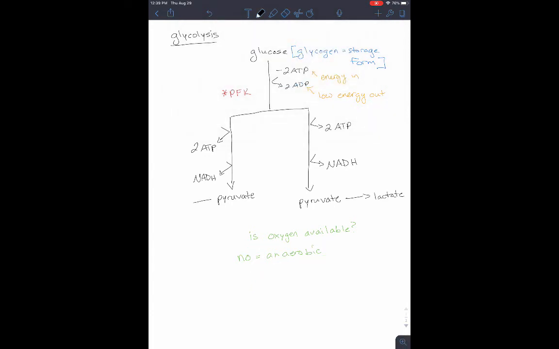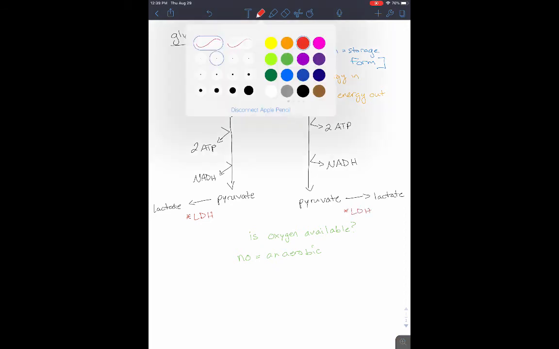When you don't have oxygen available, pyruvate is converted to lactate. And you're familiar with lactate from the burning sensation that you feel in your legs when you do heavy exercise, which is the hydrogen ions that are associated with the lactate. And that conversion from pyruvate to lactate is controlled by lactate dehydrogenase. That's the enzyme.